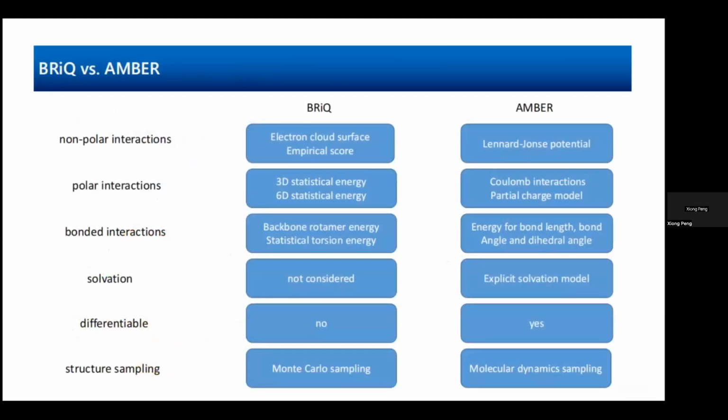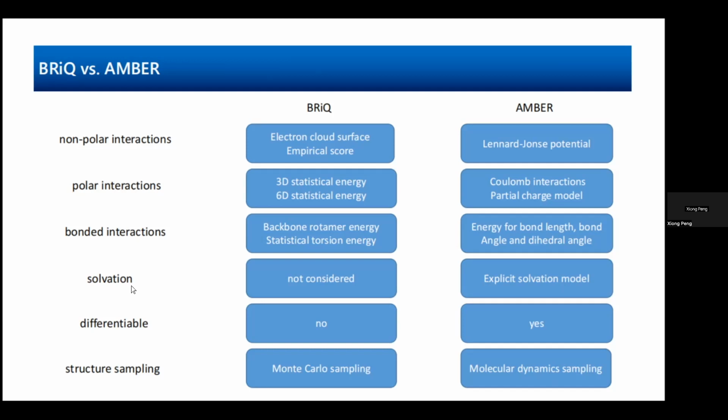So what I want to build is a force field. It's a statistical force field, which is comparable to the classical molecular force field. Our statistical force field has a very different architecture from the Amber force field. For the treatment of the different interactions, non-polar interaction, polar interaction, and bonded interactions, we're using quite different strategies.